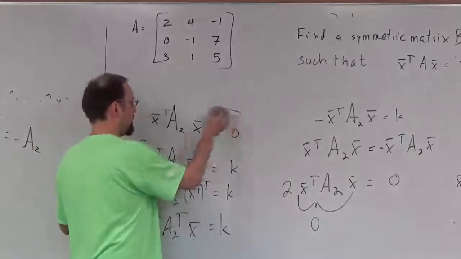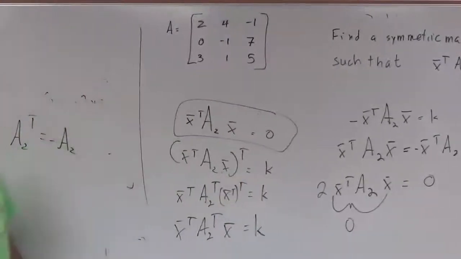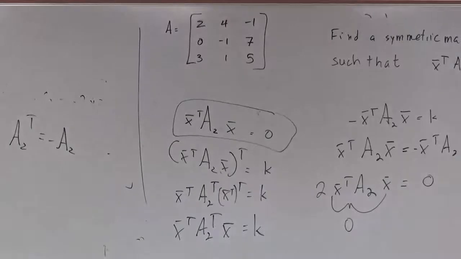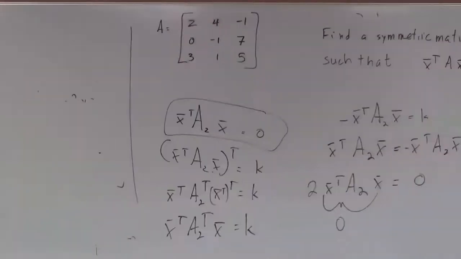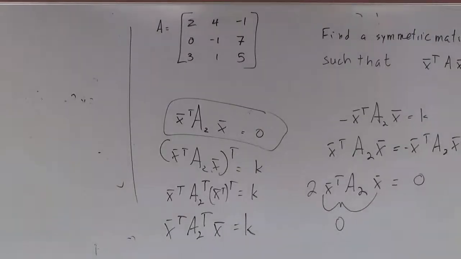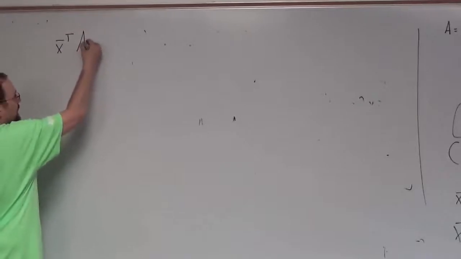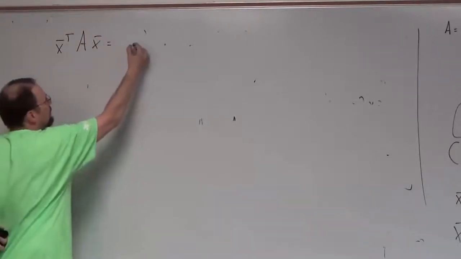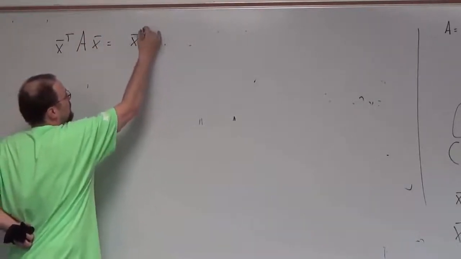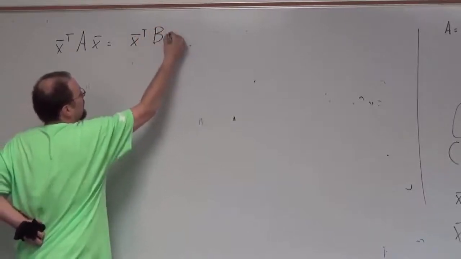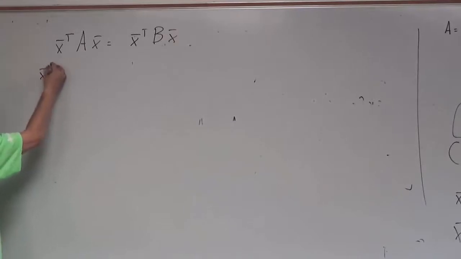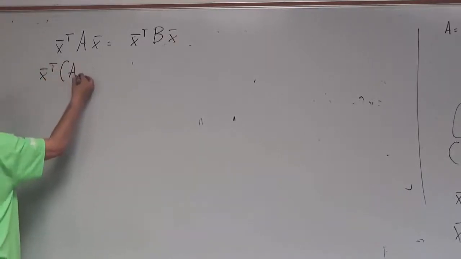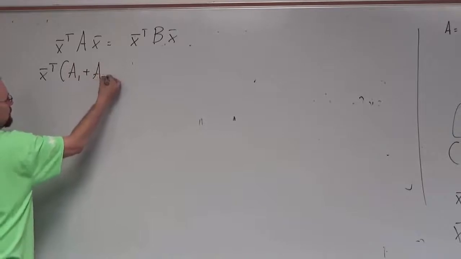So we can take advantage of that fact. Because we want X transpose A times X to equal X transpose B X, where B is symmetric, and we know that A can be expressed as a symmetric matrix plus skew symmetric matrix.